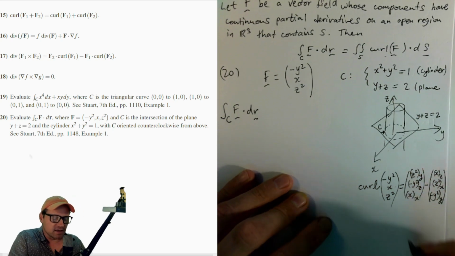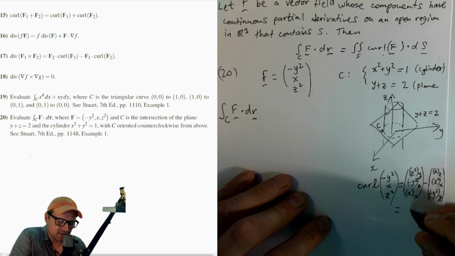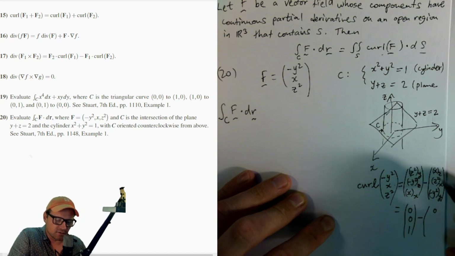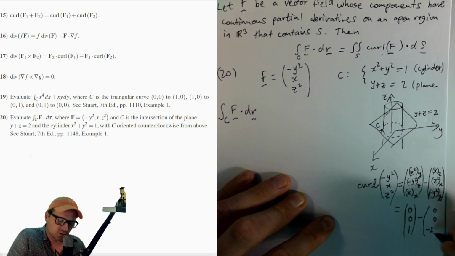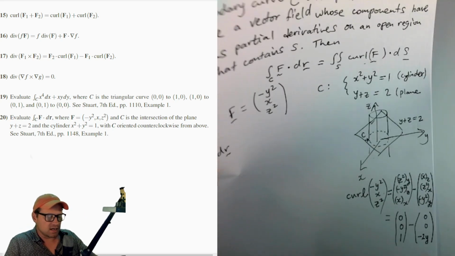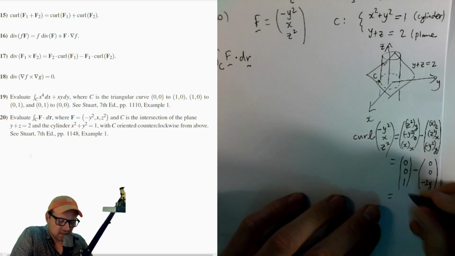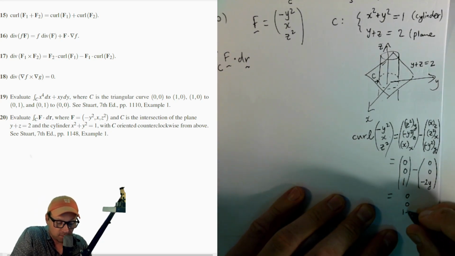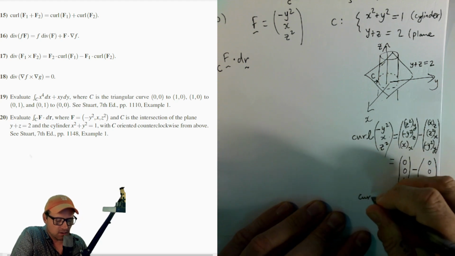Okay, so simplifying this, we have 0 for this, 0 for this, 1 for this, minus 0 for this, 0 for this, and minus 2y for the last one. Okay, and so our curl vector is the vector 0, 0, 1 plus 2y. So this is curl of F.